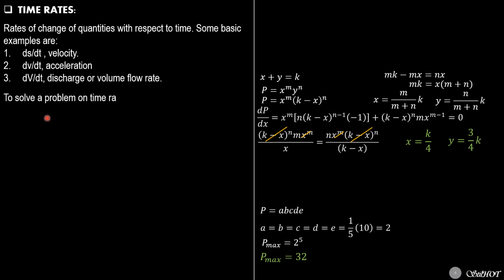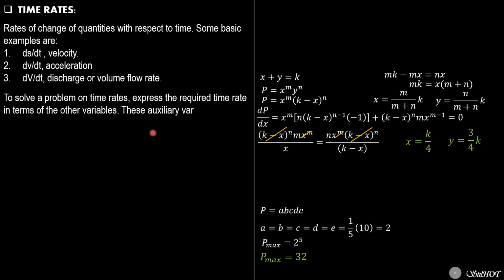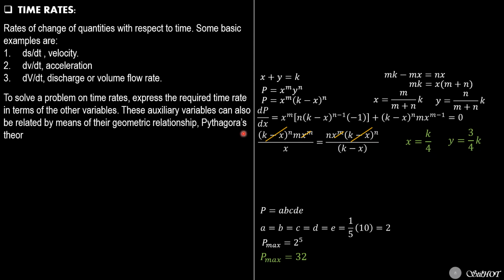So to solve a problem on time rates, express the required time rate in terms of the other variables. These auxiliary variables can also be related by means of their geometric relationships or Pythagoras theorem or some given or emphasized statement. So it may be that the other quantity varies as x, just like in variation problems, as long as it is emphasized.